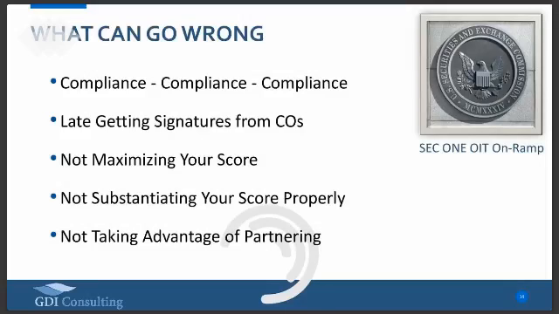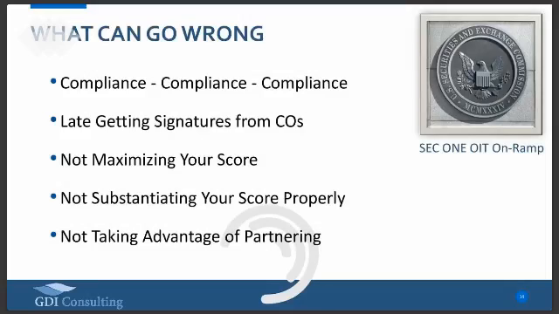Sometimes they ask for score for something that they don't deserve, but they also miss a number of items that they can really get a score for, and they think they can't substantiate it, but in reality they can substantiate it. So that brings us to the next one, which is not substantiating your score properly.